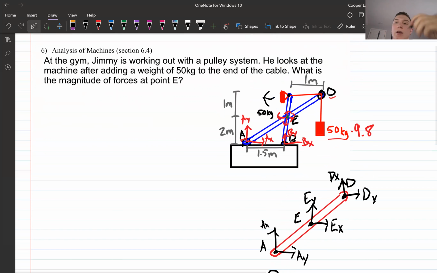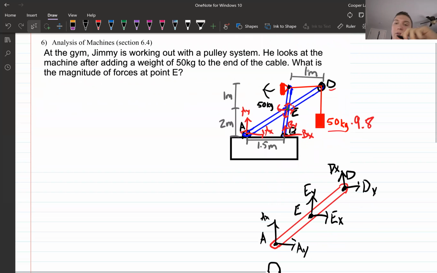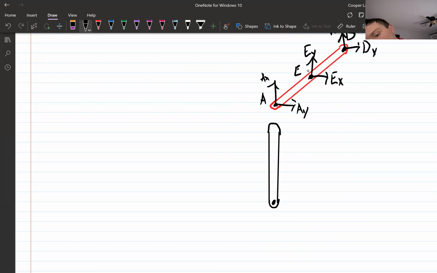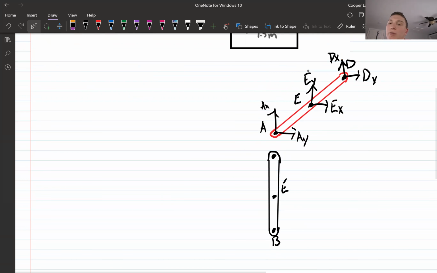Okay, so this would be our shape from B, E to this top point right here. That doesn't have a name. So we have B, we have that point, and then we have E. I've already drawn my forces up here for E going in those two directions, so I'm going to draw them in the opposite direction this time.